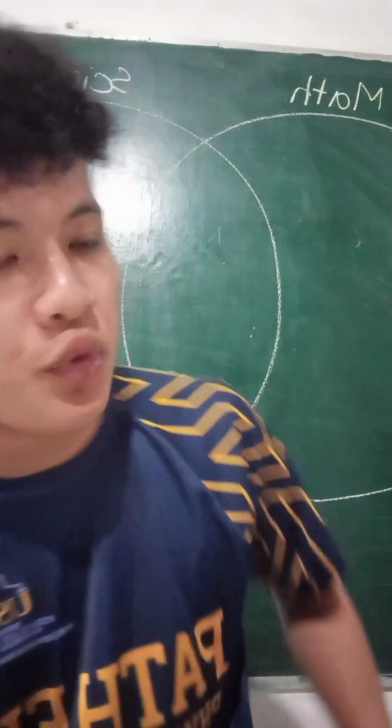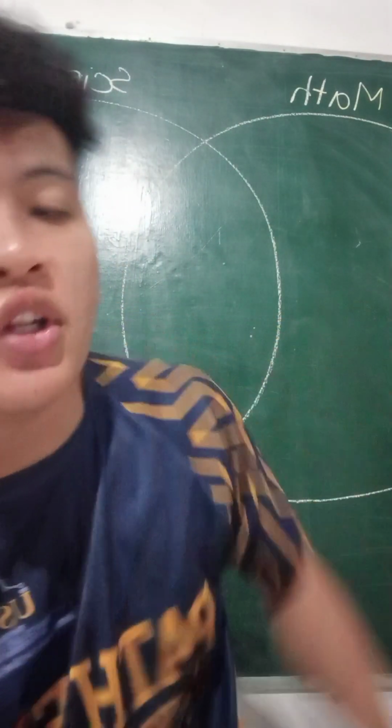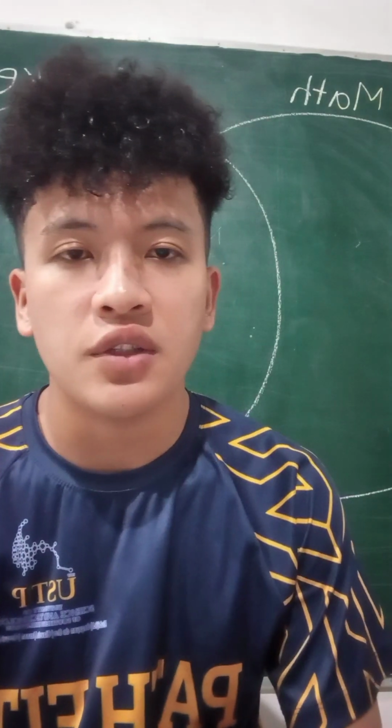So once I read the words, you're going to stand up and then tap your hand or put your hand on the circles. This activity will help you identify what you love, what you like, and what you do not like.